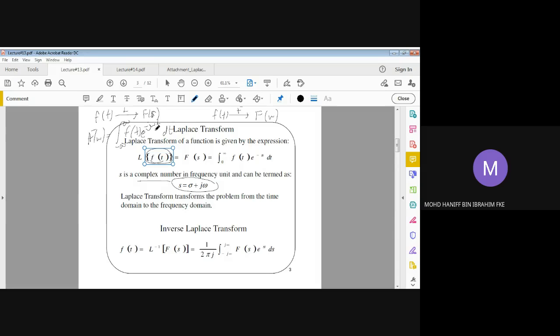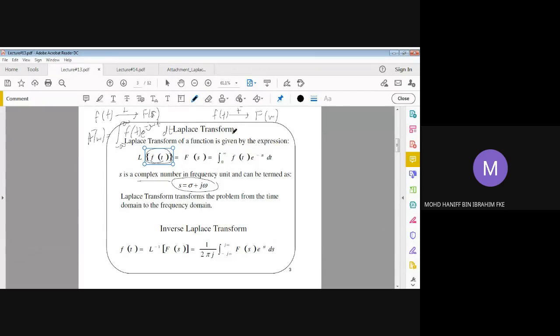So you can see the comparison between the mathematical integrations that lead to the transformation. This is for Fourier and this is for Laplace. The difference is that for F(omega), the integration is from negative infinity to positive infinity, but for the Laplace transformation, the integration is from 0 to infinity. So you can see the difference between the two.